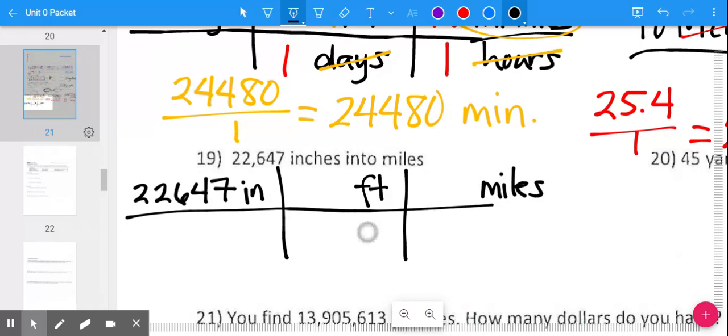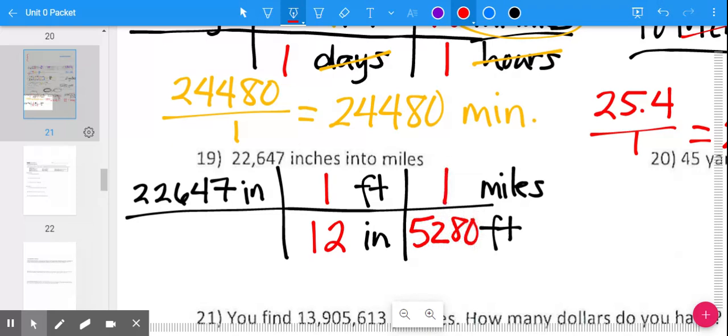So inches up top, inches at the bottom. Feet up top, feet on the bottom. When we fill in our numbers, the comparison between inches and feet is there are 12 inches in 1 foot. The comparison between miles and feet is that there's 5,280 feet in 1 mile.